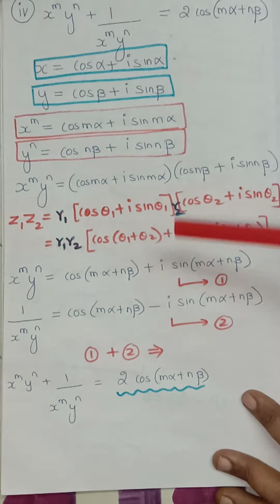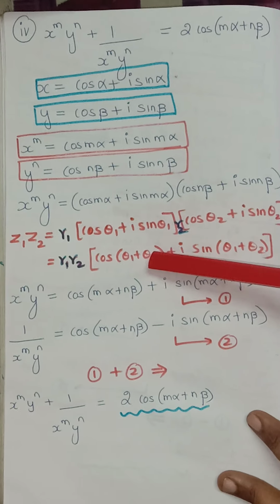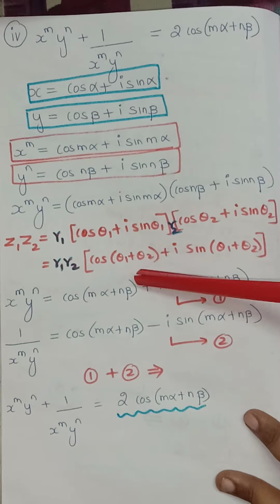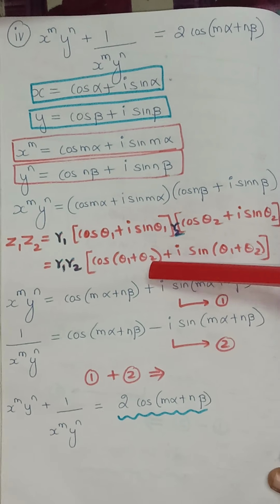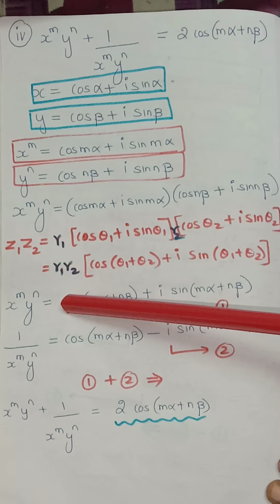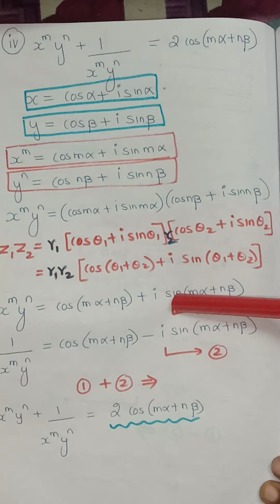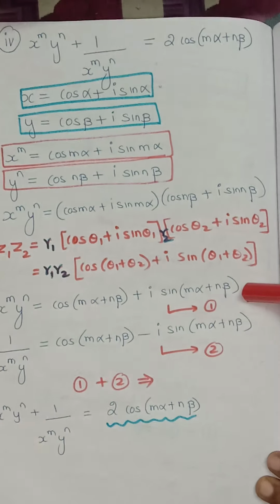So in this entire sum we are using this same property only. Multiplication means you have to add the arguments. Division means you have to subtract the arguments. Now using this property, I can write x^m y^n as cos(m alpha plus n beta) + i sin(m alpha plus n beta).